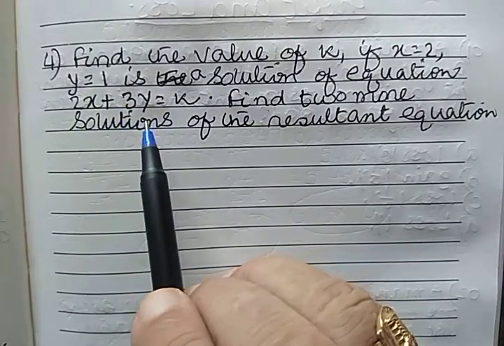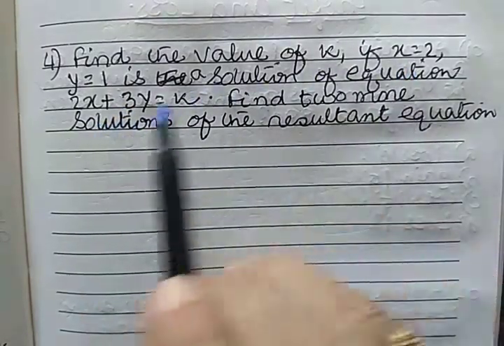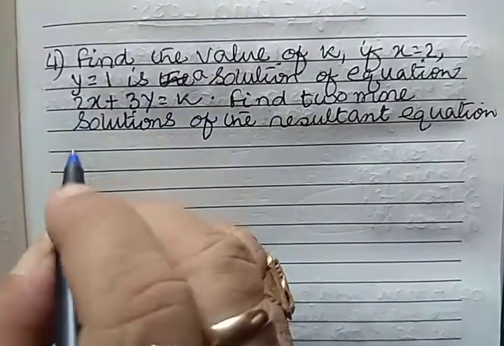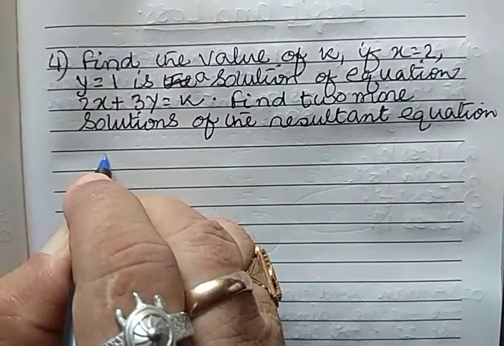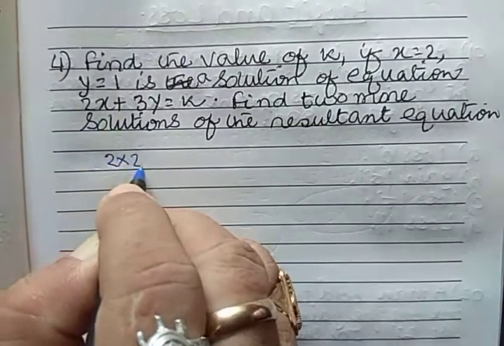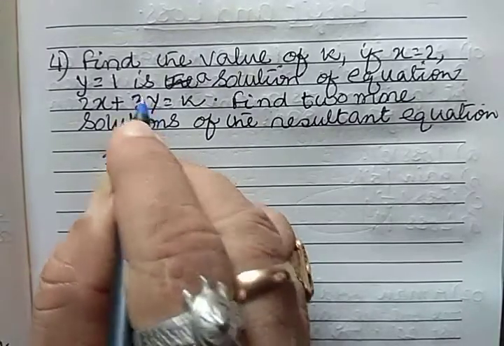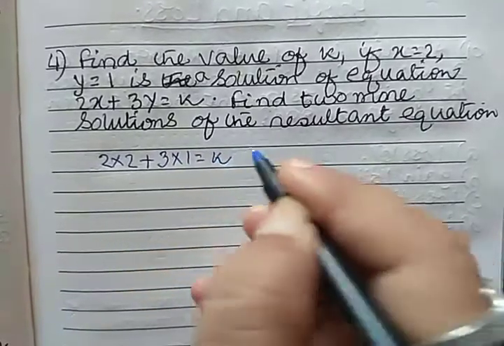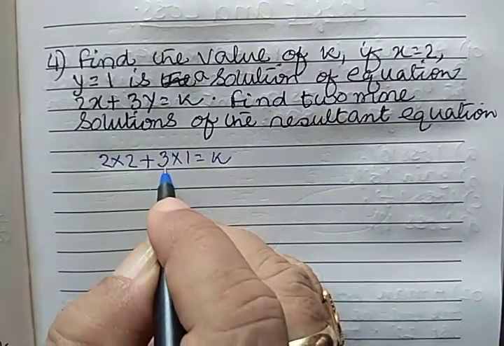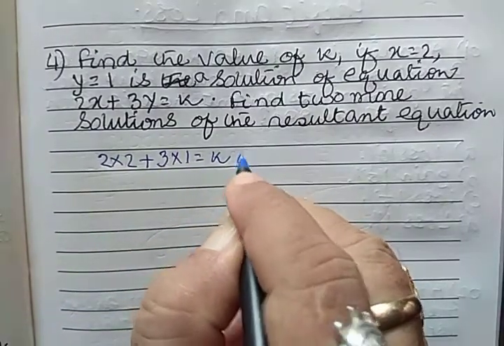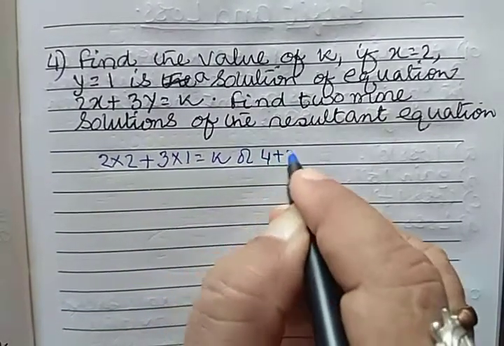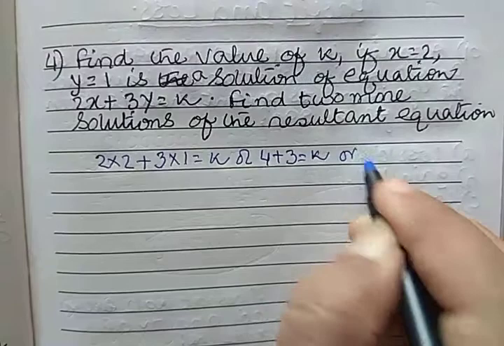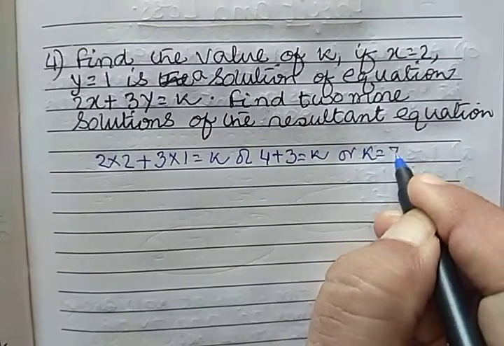That means let us replace x by 2 and y by 1. So 2 into 2, plus 3 into 1 is equal to k. 4 plus 3 is equal to k, or k is equal to 7.